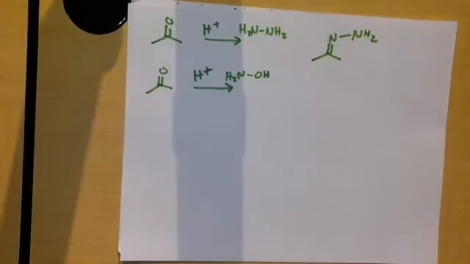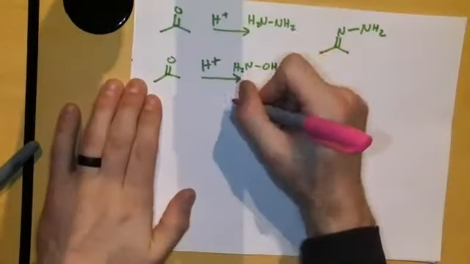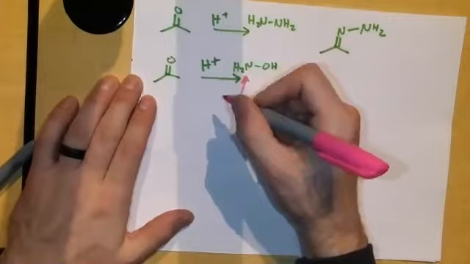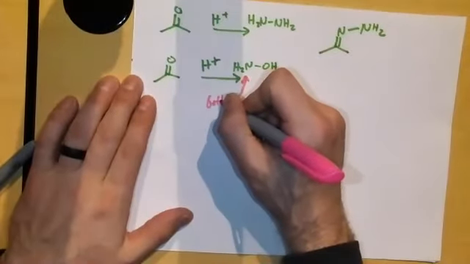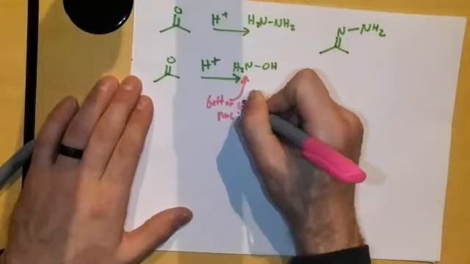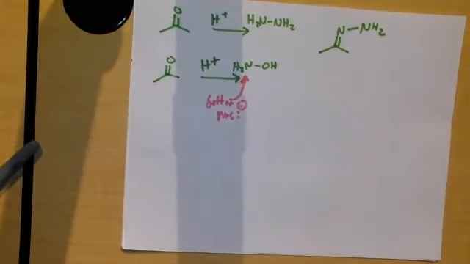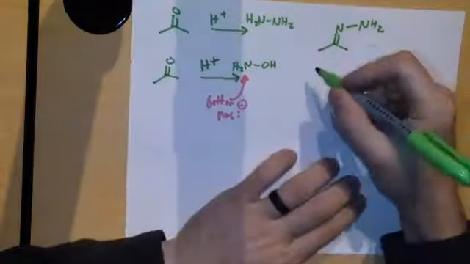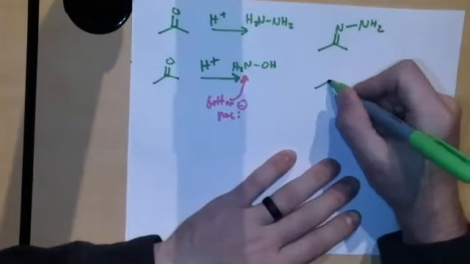Between nitrogen and oxygen, nitrogen's the better nucleophile. So because of that, we're basically doing the exact same thing as we're doing above. You're going to ignore this OH, treat it like it's just a substituent.